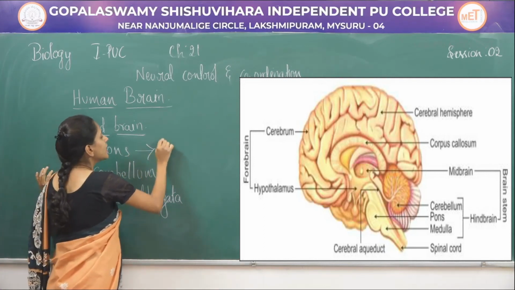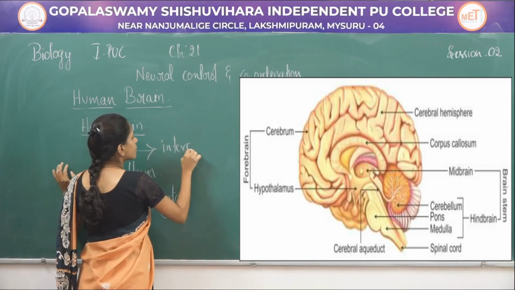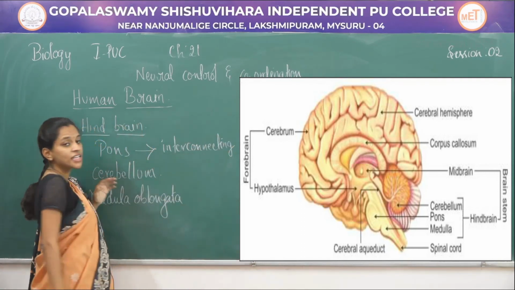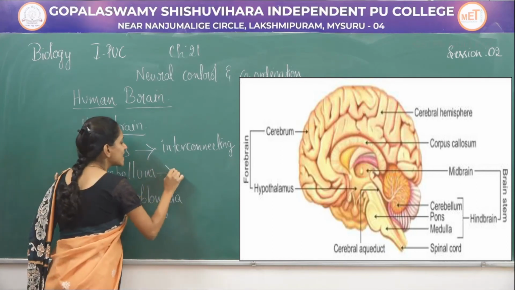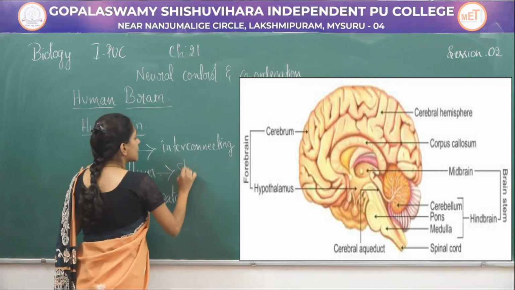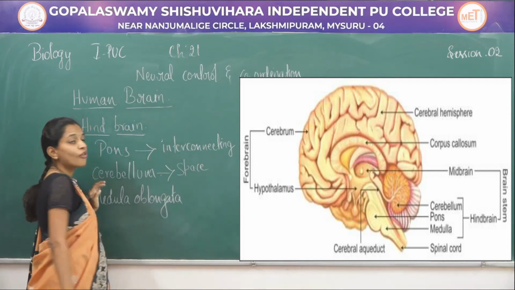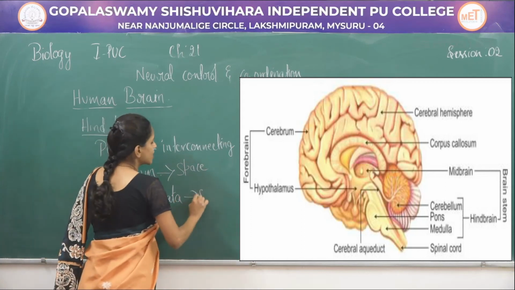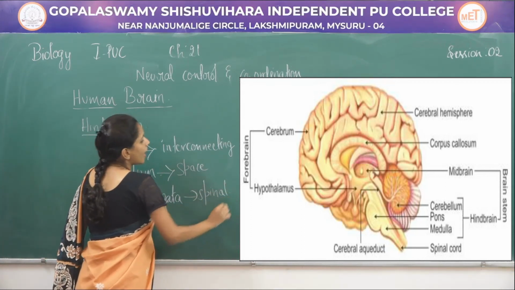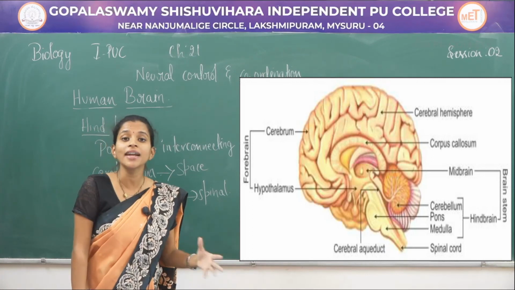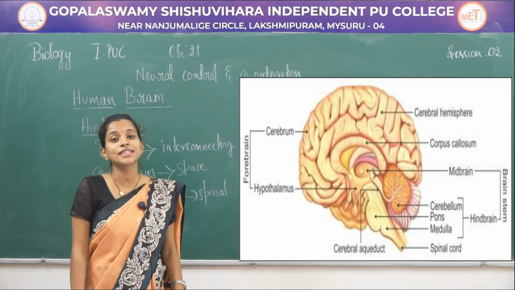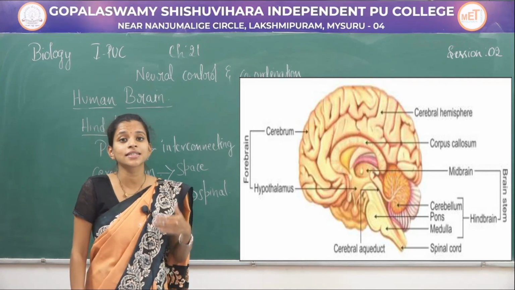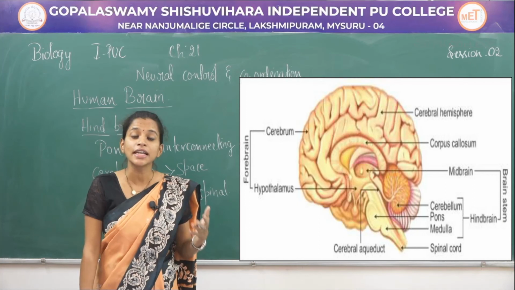Pons help in interconnecting different regions of the brain, whereas cerebellum provides space for the neurons to be added there, and medulla oblongata connects with the spinal cord and helps in controlling and regulating different organ systems of the body like respiration, gastric secretions and cardiovascular reflexes.